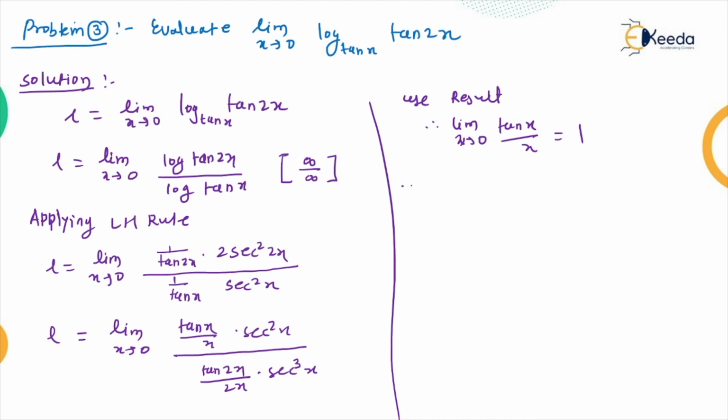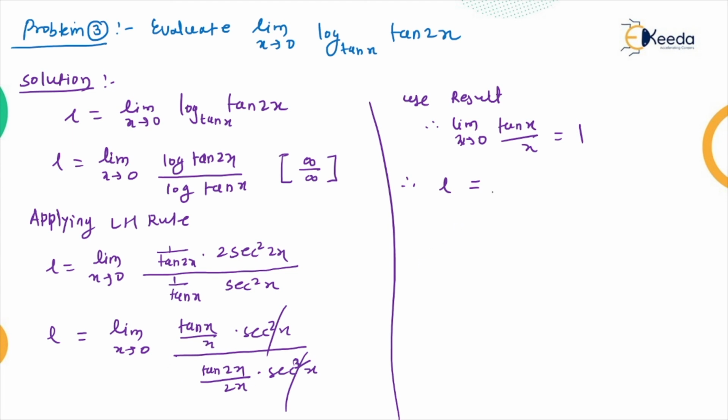So the given limit L, when we apply the limit as x tends to 0, in numerator and denominator the sec square x terms cancel, leaving tan x upon tan 2x.